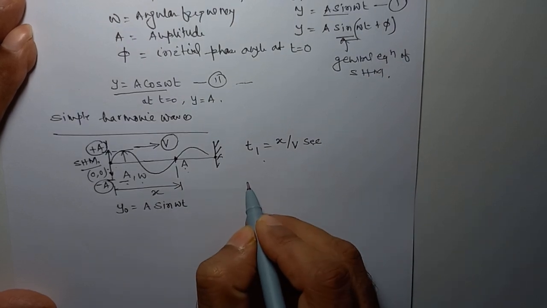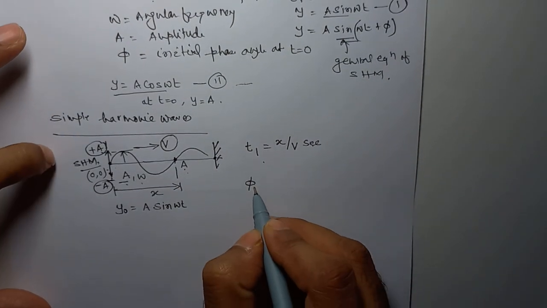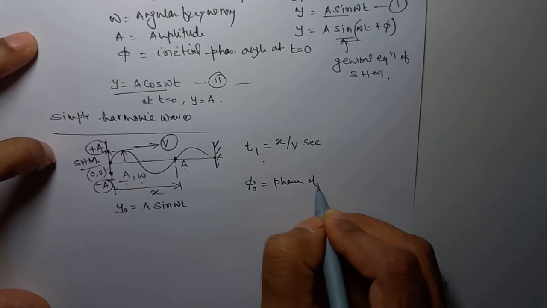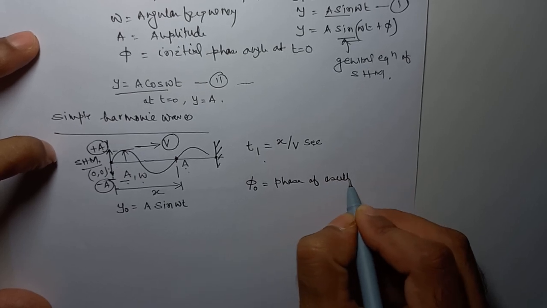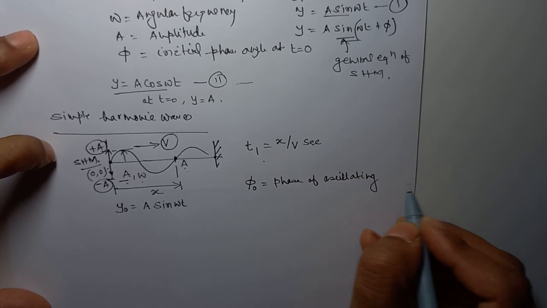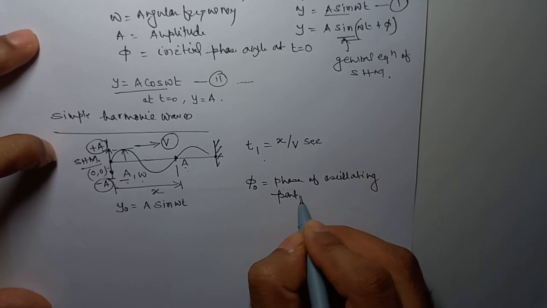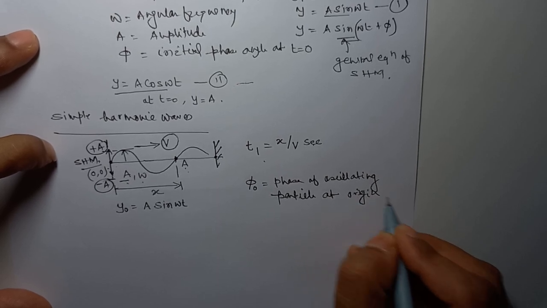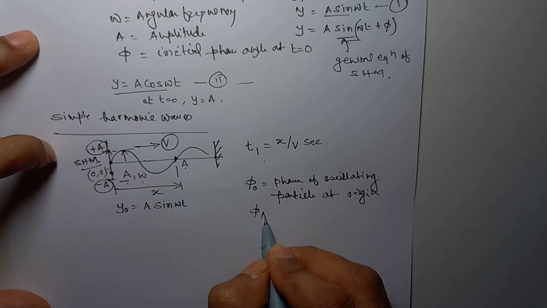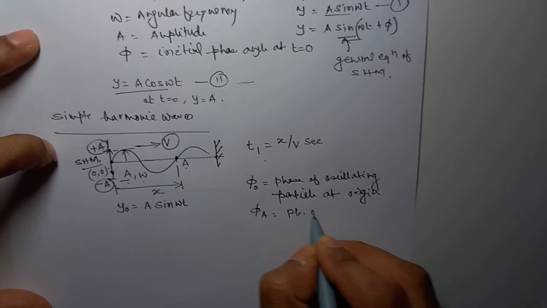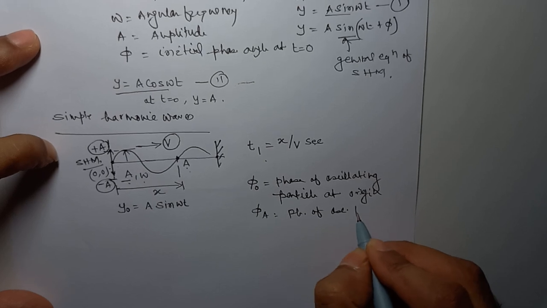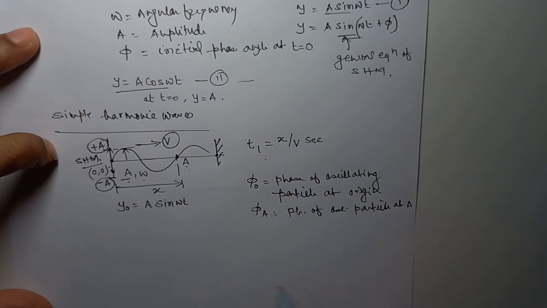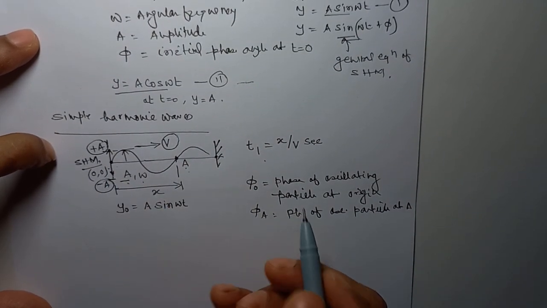So we can write the phase at origin, I denote phi naught, the phase of the oscillating particle at origin, and say phi A is the phase of the oscillating particle at A. So there will always be a phase difference between the two.